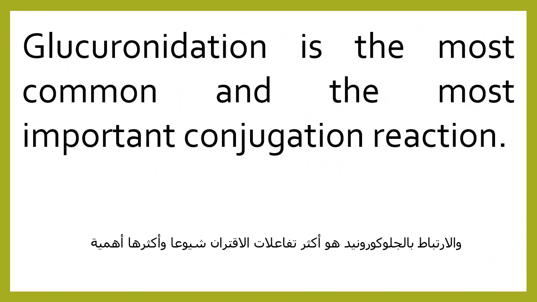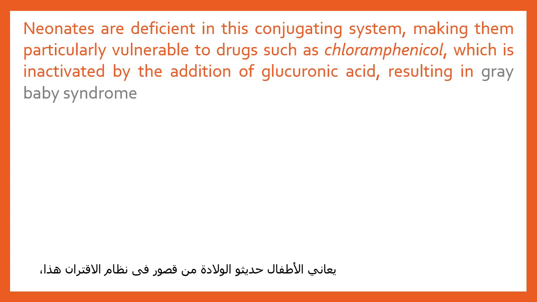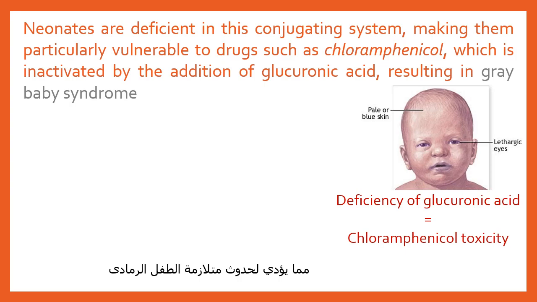Glucuronidation is the most common and the most important conjugation reaction. Neonates are deficient in this conjugating system, making them particularly vulnerable to drugs such as chloramphenicol, which is inactivated by the addition of glucuronic acid, resulting in gray baby syndrome.